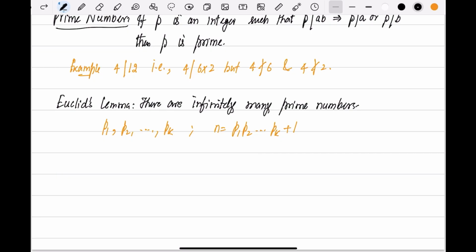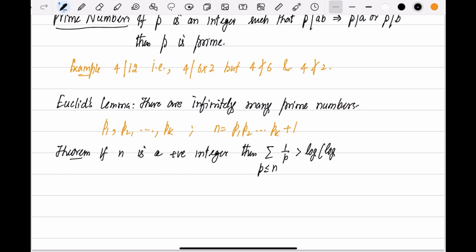And in fact we have another nice property of prime numbers, which is a theorem. If n is a positive integer, then the summation over primes p less than or equal to n of 1 divided by p is always greater than log n minus 1.